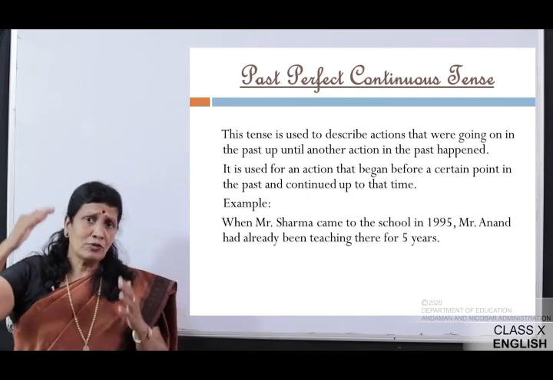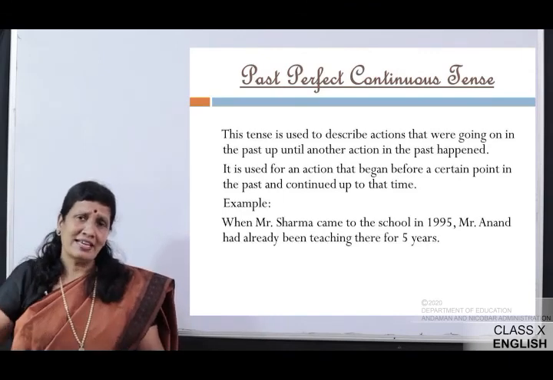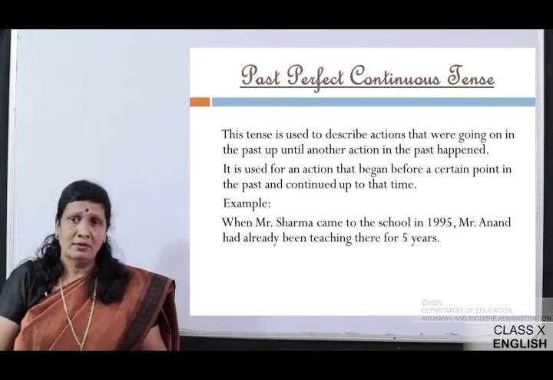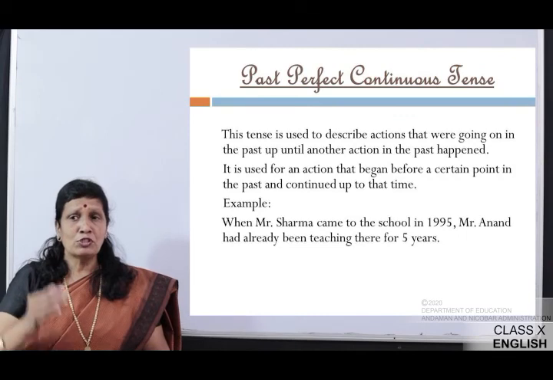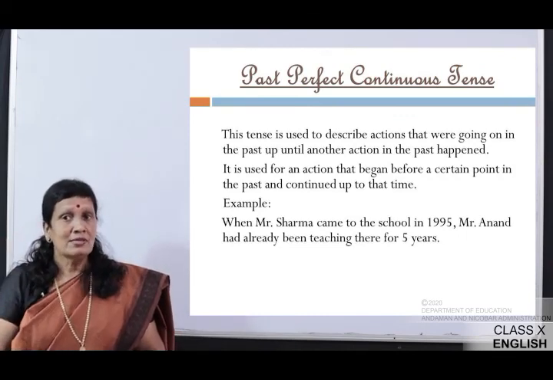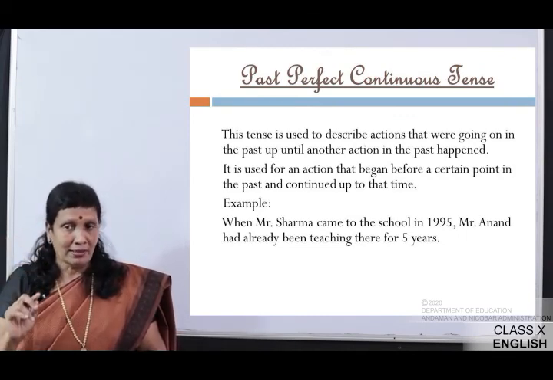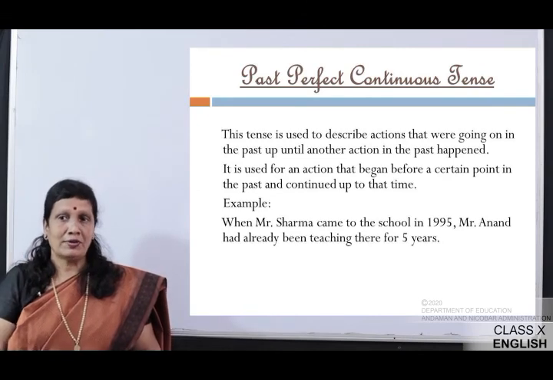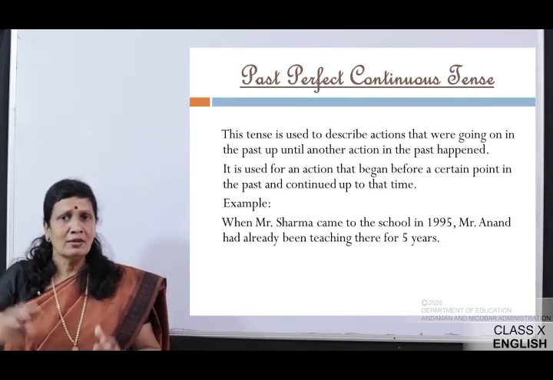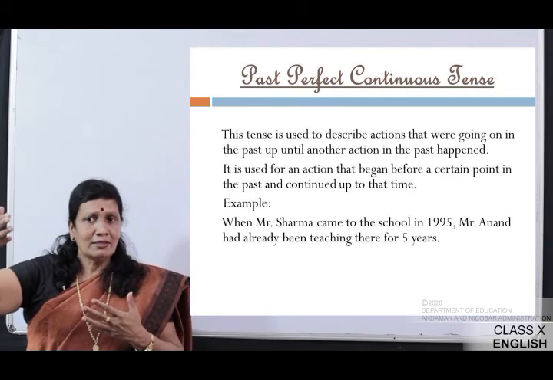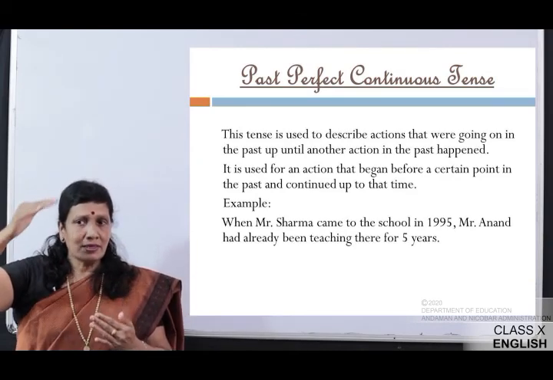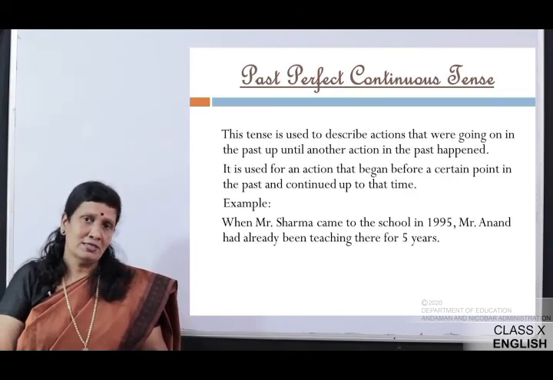It continued for some time in the past till the next action happened. It is also used for an action that began before a certain point in the past and continued up to that time. Began in the past at some point and then continued up to that time.